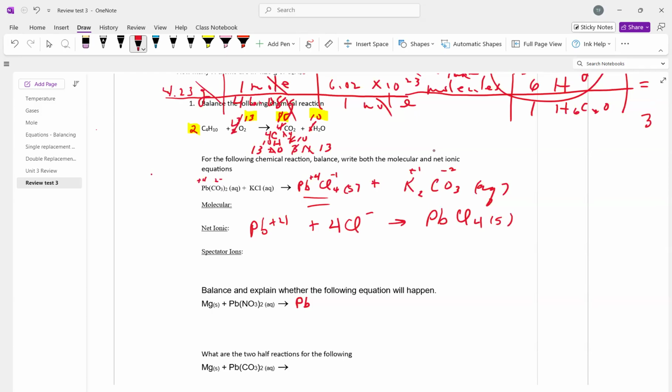The spectator ions are going to be the Ks and the carbonates. That's what we're doing in lab today. We're going to be going dropper, dropper, dropper, dropper. Did anything happen, yes or no? Look it up in the solubility table. That's the prediction. Then verify it with your observation.